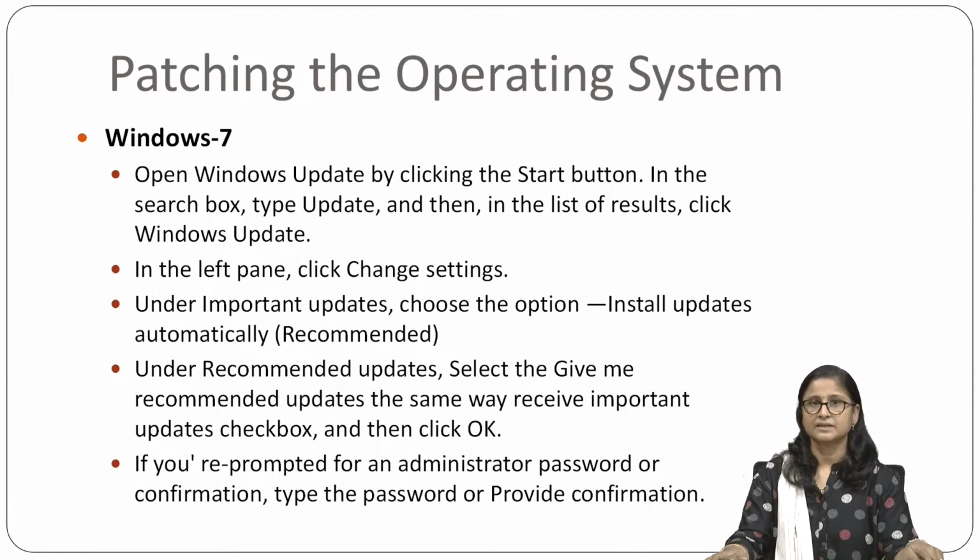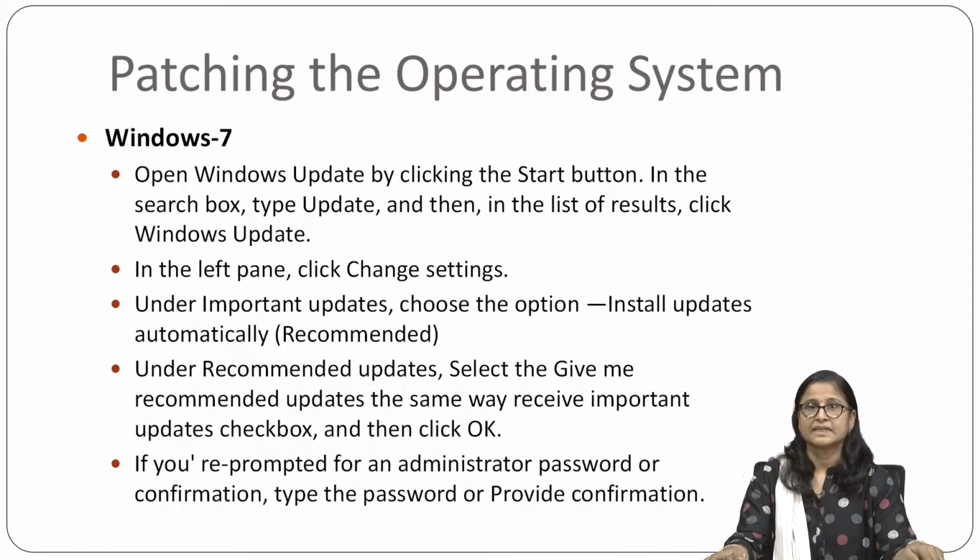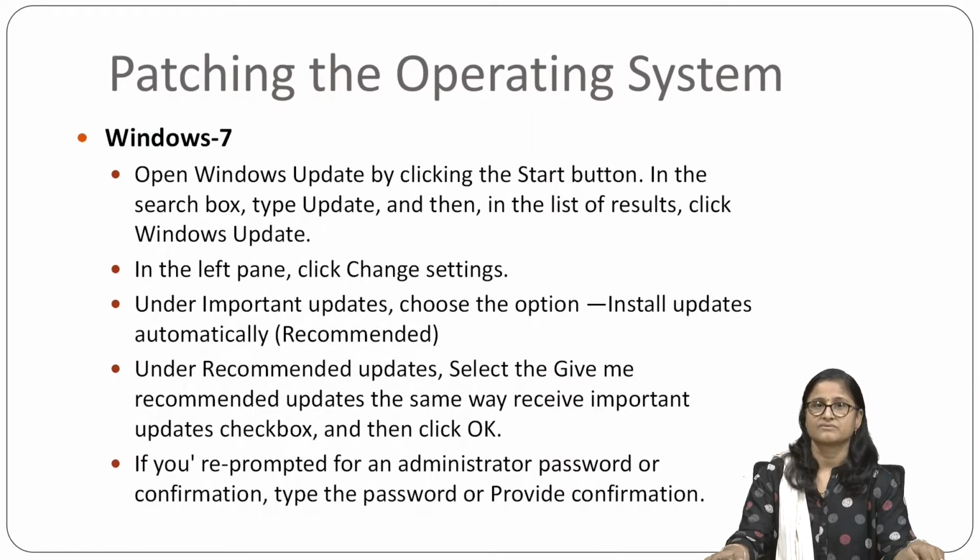In the left pane, click Change settings. Under Important updates, choose the option Install updates automatically (recommended). Under Recommended updates, select the Give me recommended updates the same way I receive important updates checkbox, and then click OK.